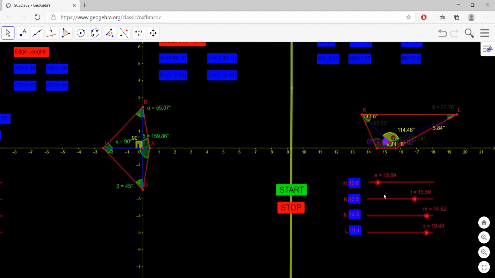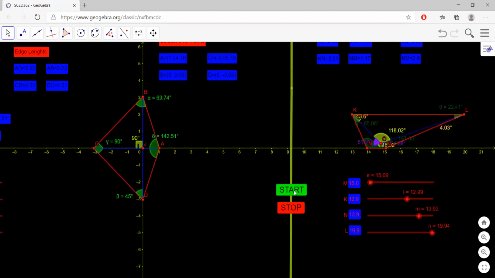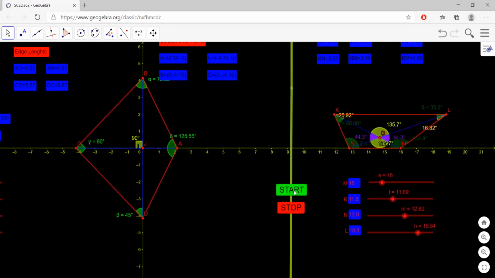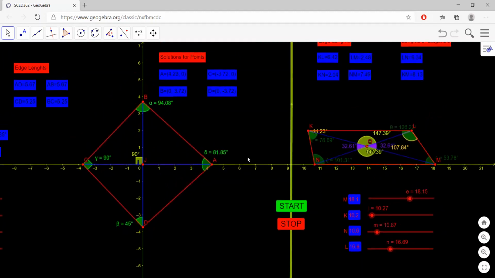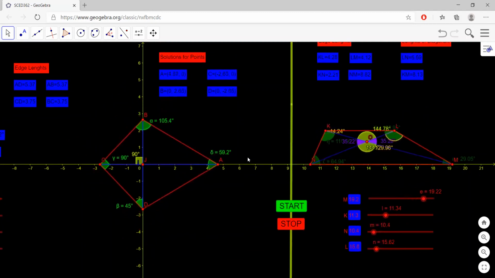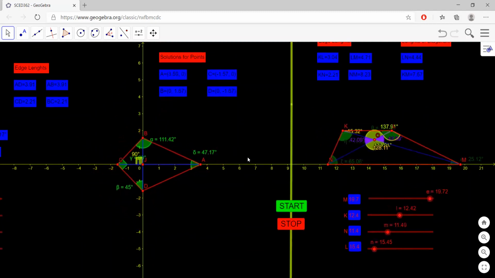Also, they will be able to animate by clicking on the start and stop button. With animation, students will be able to observe the change of polygons and their properties changing.